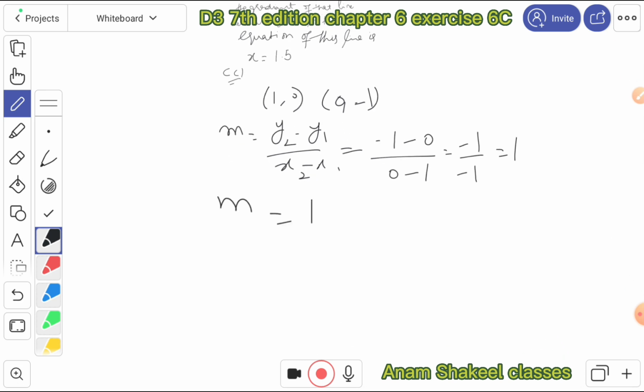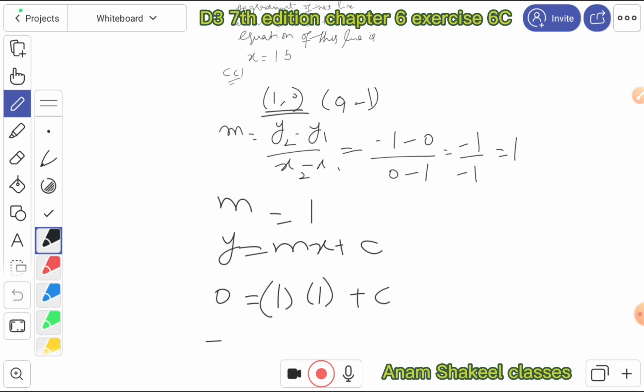Now for the y-intercept, which is c, y = mx + c. I can use any coordinate from these 2 points. So y is 0, m is 1, x is 1, plus c. So 0 = 1 + c.